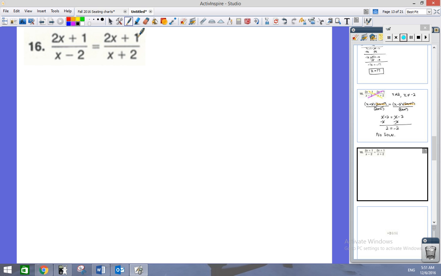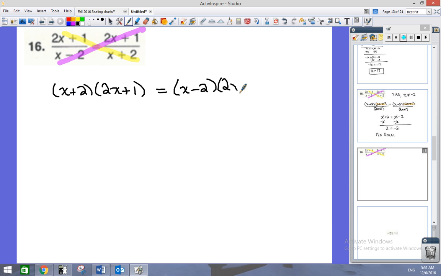So I started out by multiplying, taking the cross product. I've got along the yellow diagonal x plus 2 times 2x plus 1. Along the purple diagonal, x minus 2 times 2x plus 1. And I'm confident that the 2x plus 1's cancel each other out.